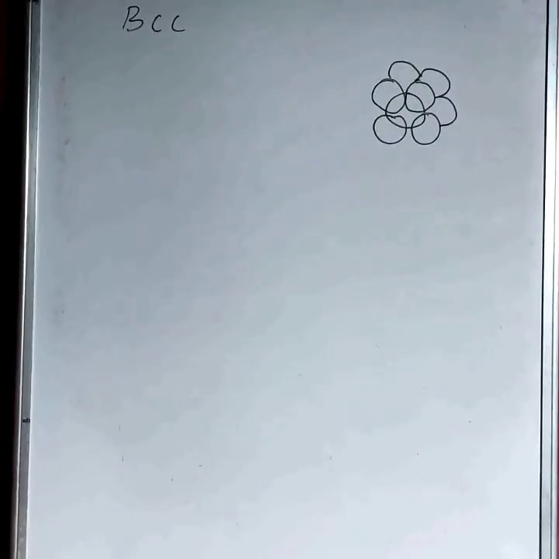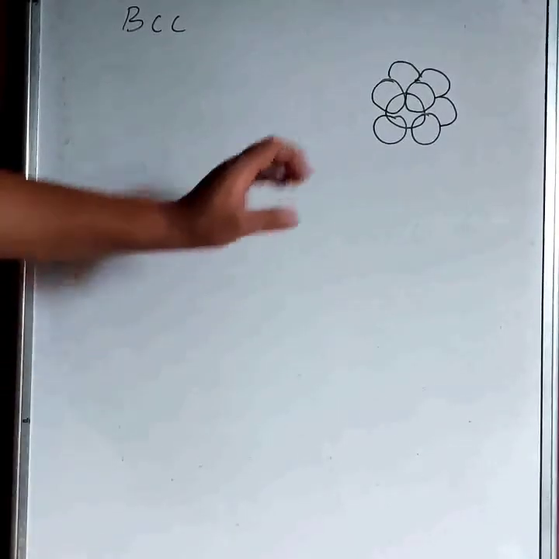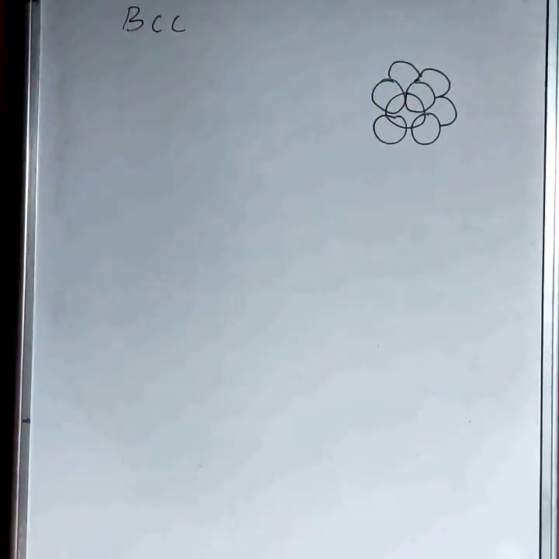Now for the body-centered cubic system, we'll have one atom at the center. My drawing is not that accurate, so you just try to get a picture of what I'm trying to say.